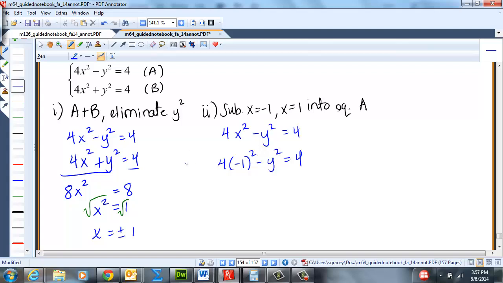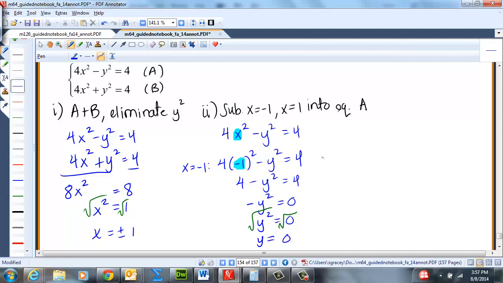And that's for x equal to negative 1. And that will give us just 4 times 1, which is 4. So negative y squared will be 0. Y squared will be 0, which gives us y equals 0.